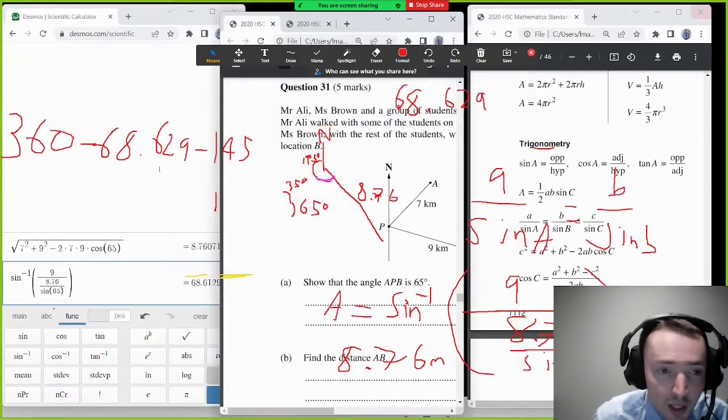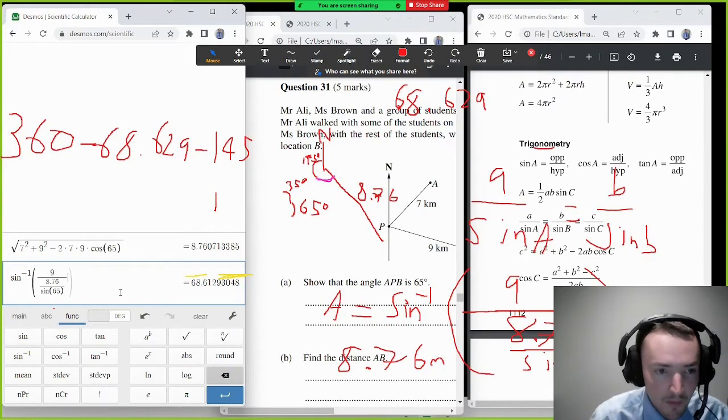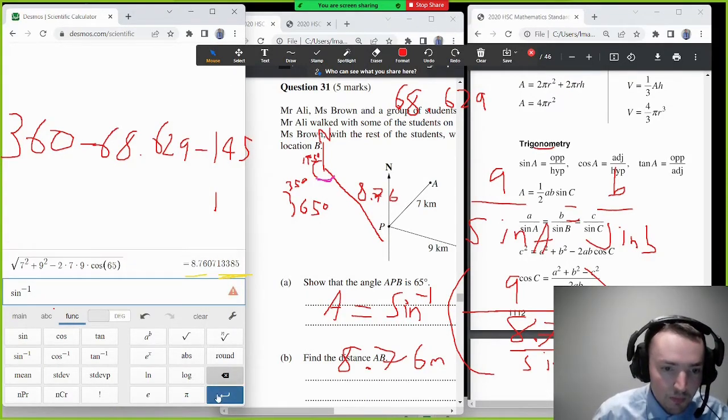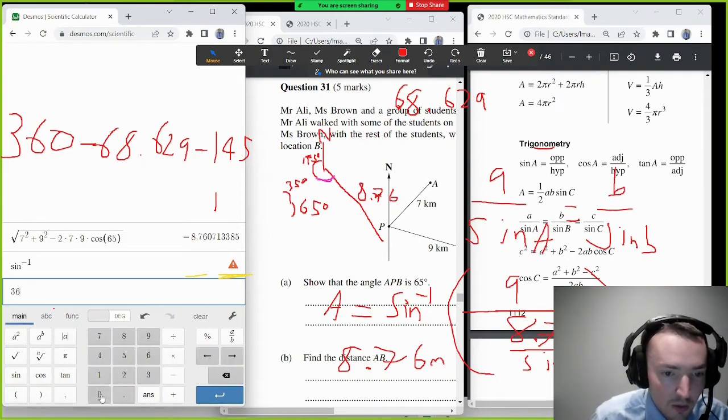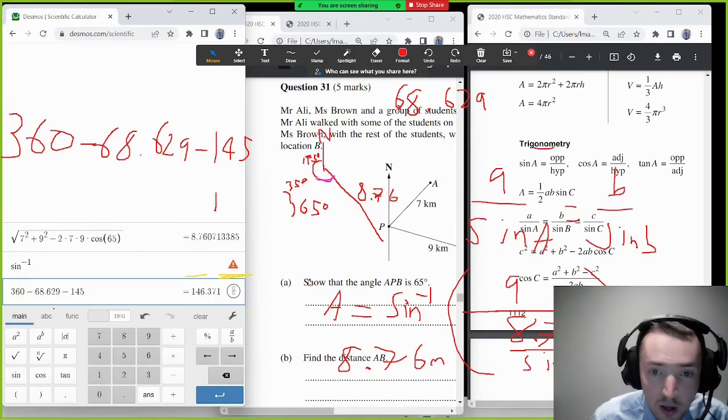So if we plug that into the calc, 360 minus 68.629 minus 145, the answer is 146.371 degrees.